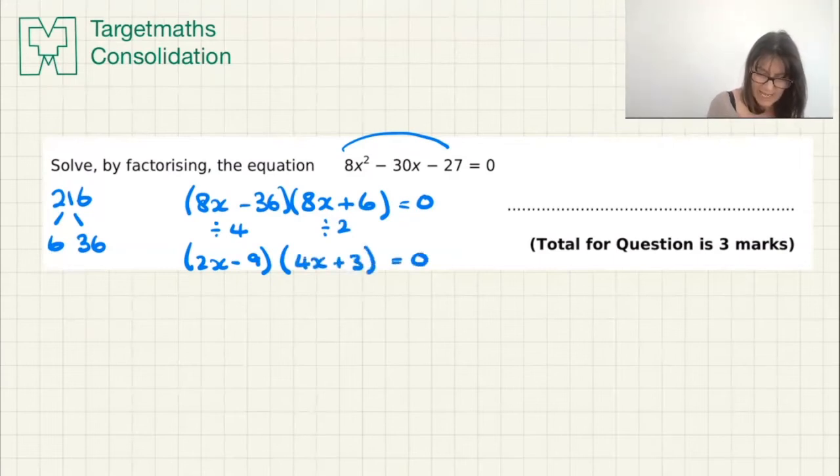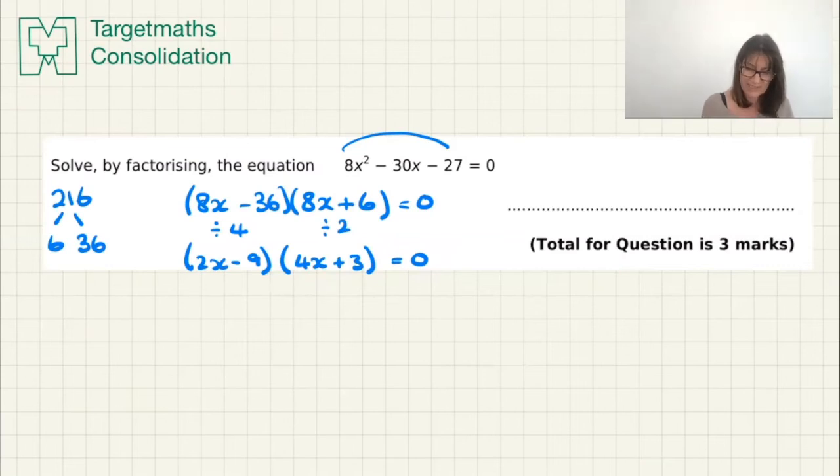I do a quick check at this stage. 2x times 4x is 8x squared, which is what I want it to be. So that's good. Minus 9 times 3 is minus 27, which is what I've got. So looks like I have done everything right. So now I just need to, well, I don't even need to go on and solve it.